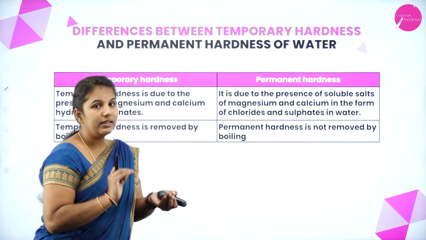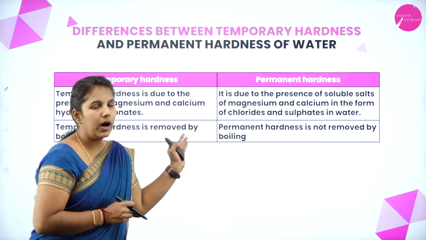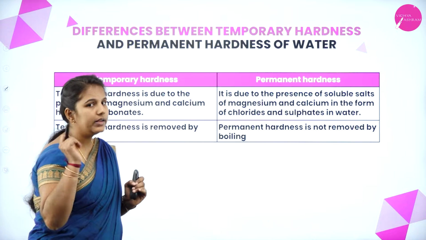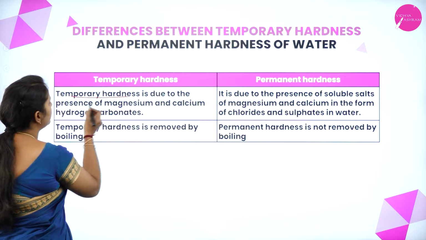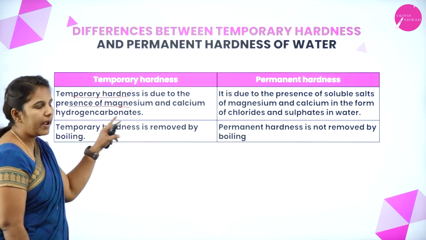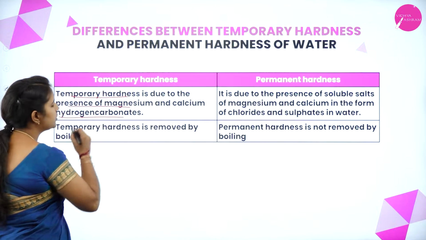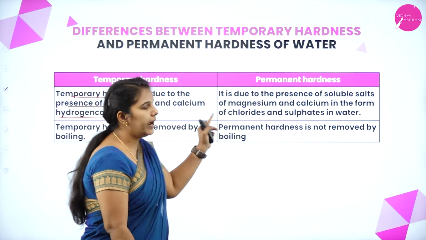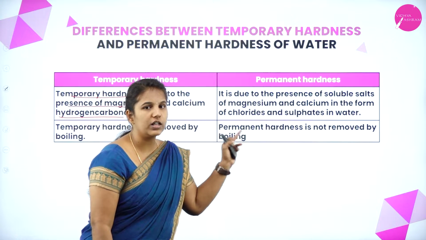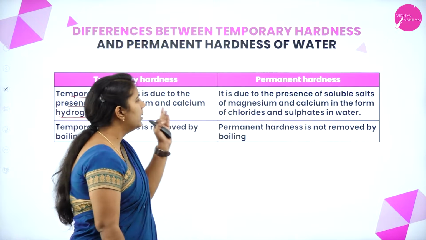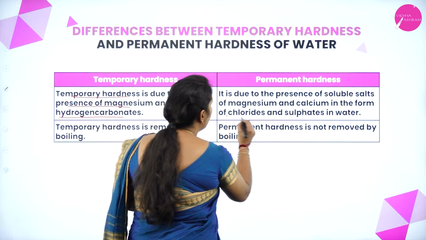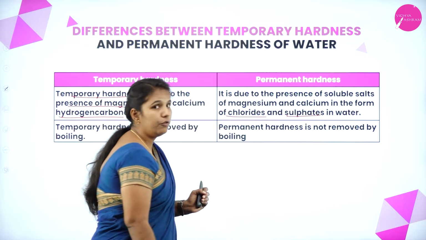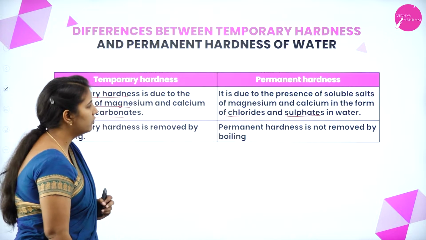Now let us see the differences between permanent hard water and temporary hard water. So temporary hardness is mainly due to the presence of calcium and magnesium hydrogen carbonate. We know that the permanent hardness of water is mainly due to the presence of calcium and magnesium ions with chloride and sulfate in the water.